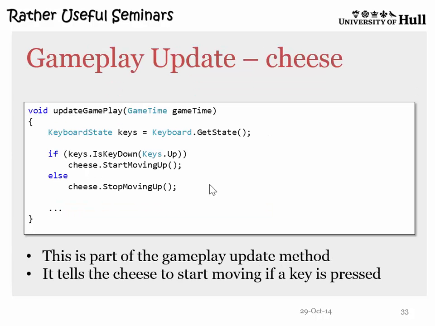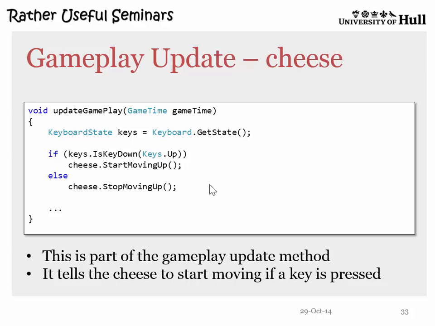It's kind of cute. And now we have the big meaty part in the middle of this presentation, the gripping bit. What happens when you update the game? Well, here we go. I get my update gameplay method, I go off and read the keyboard, and anything which can move, I can tell it to start moving or stop moving.